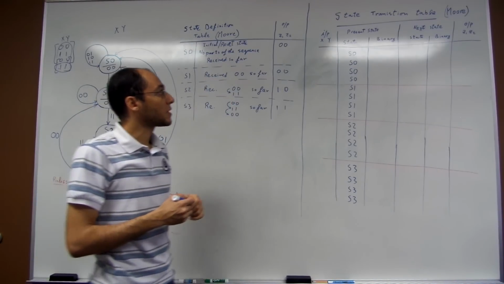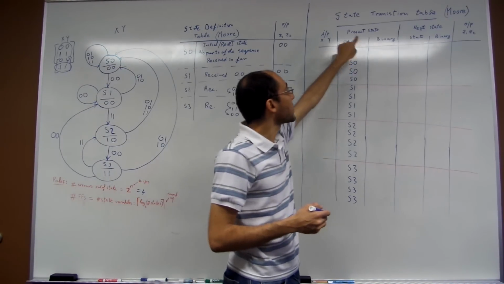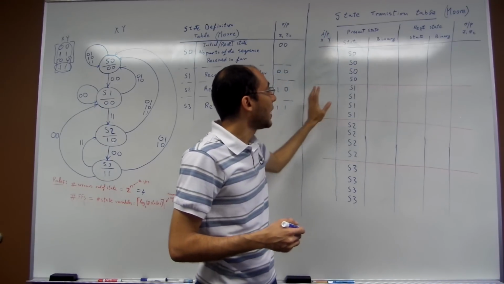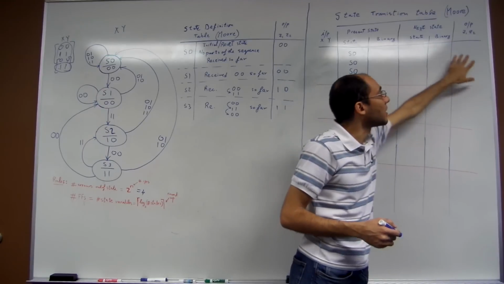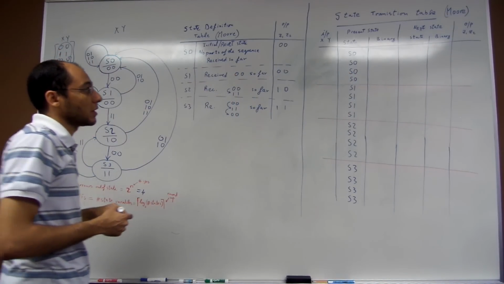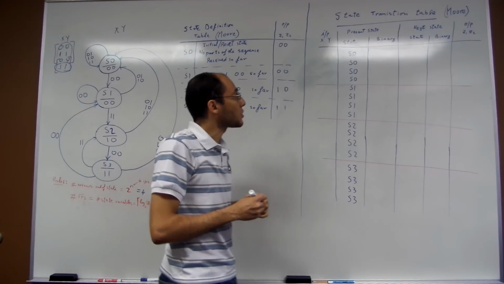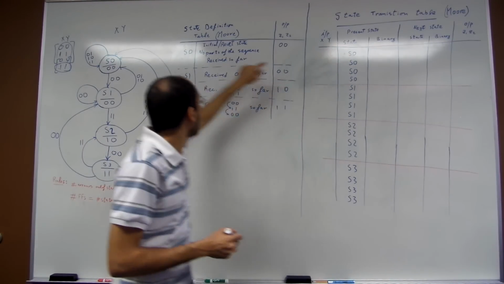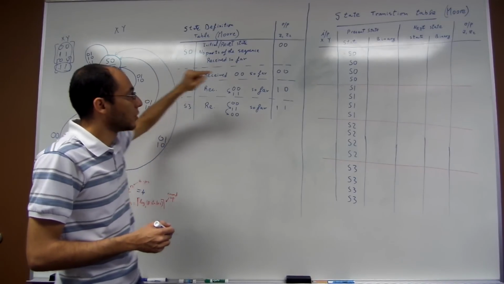Okay. How do we do the state transition table? We write down a present state column and an input column, and we fill in the next state and the output based on this state transition diagram. How did I organize this? For the present state, how many states do I have? I have 1, 2, 3, 4.